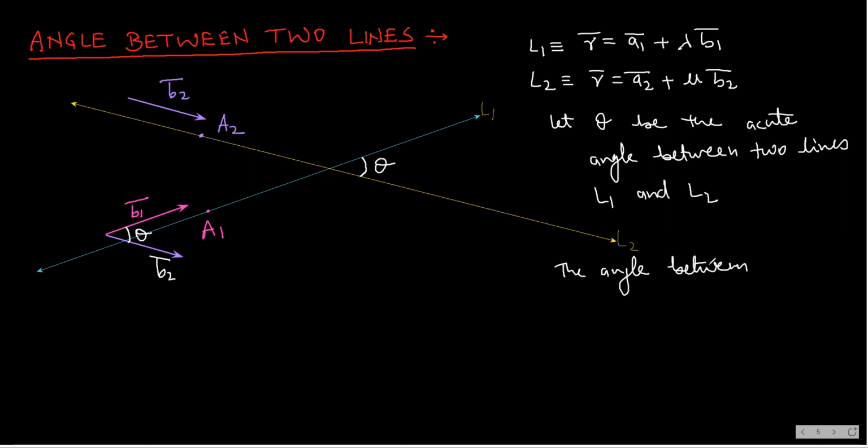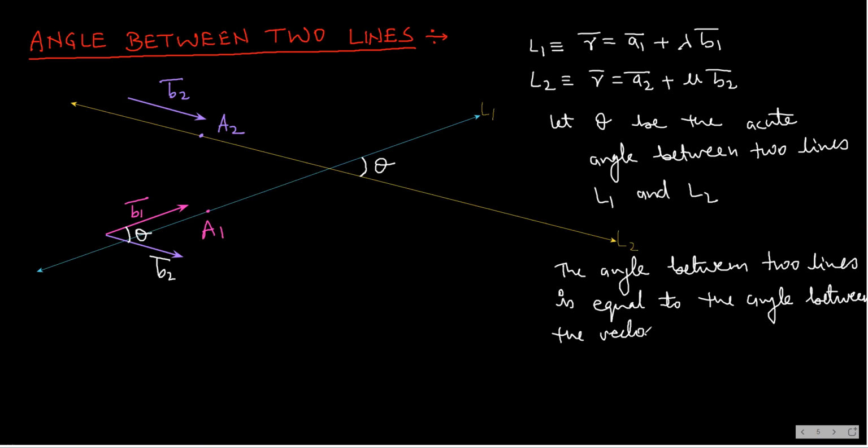The angle between two lines is equal to the angle between the vectors parallel to them.